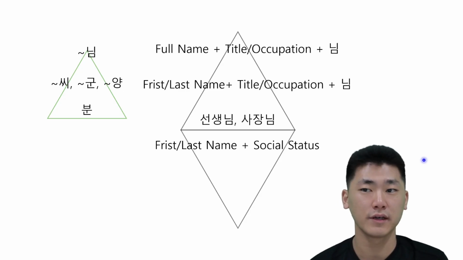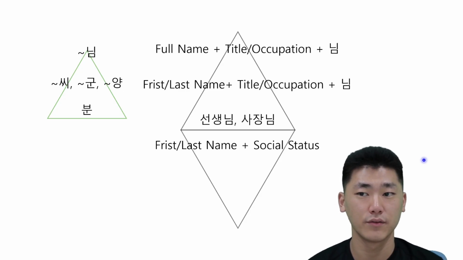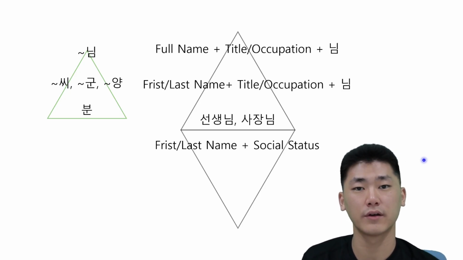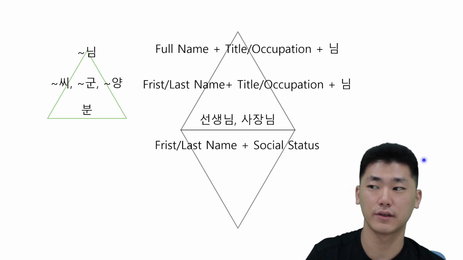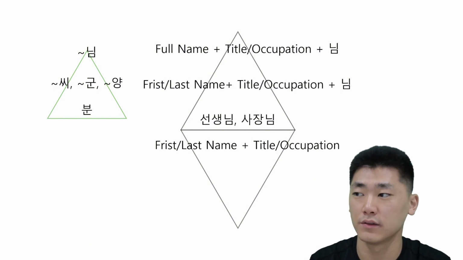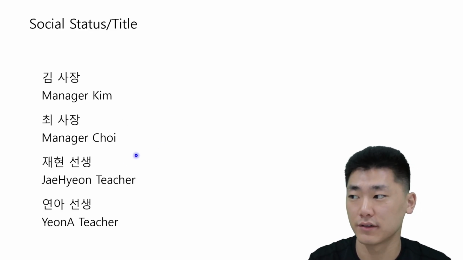And moving on to the next, there is actually the opposite side of the pyramid, which we use to a person of the same or younger age in close relationships. And the first or last name plus occupation will be at the top of the lower pyramid, like 김 사장 or 최 사장 or 재현 선생 or 연아 선생.